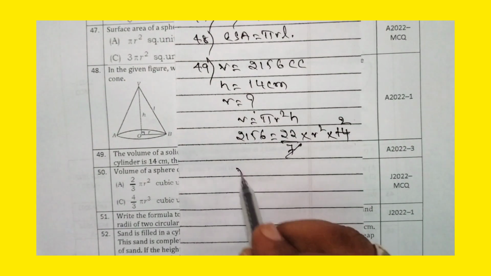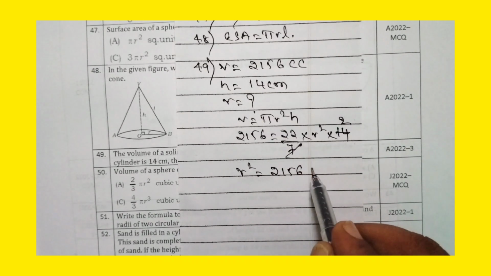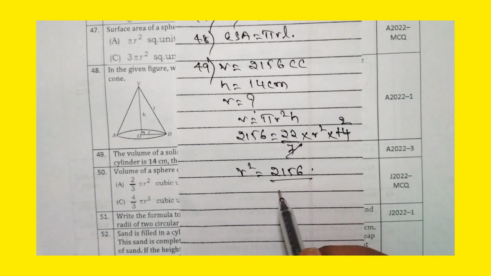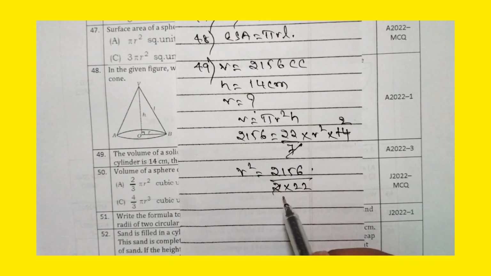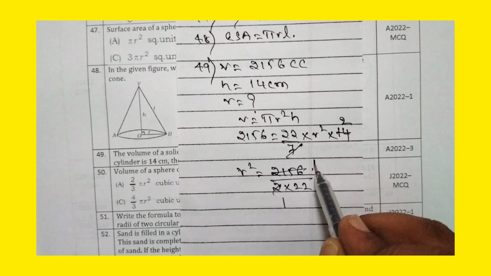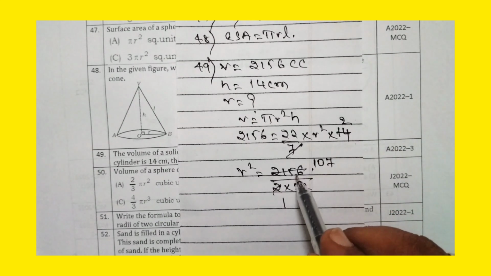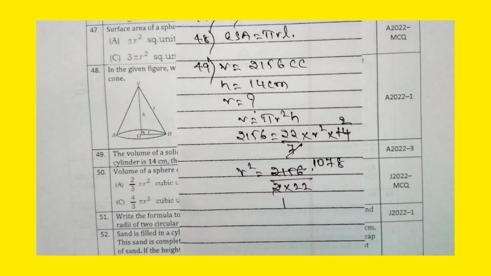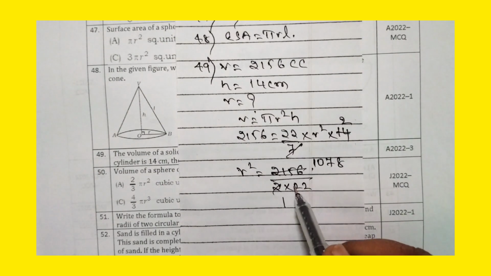So now r square is equal to 2156 divided by 2 into 22. So dividing, 2 ones 2, 2 ones 0, 2 sevens 14, then 1 remainder, 2 8s 16. It is 1078. Now let us divide it by 22.